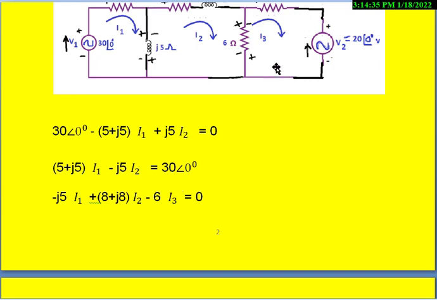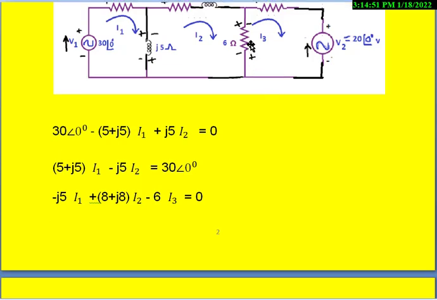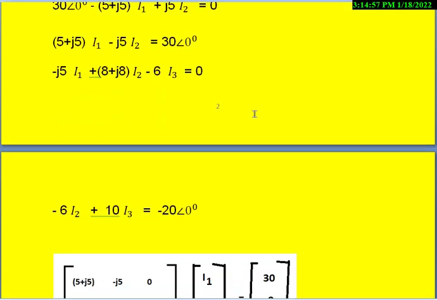Next, coming to the third loop, when you look at this branch, there is a current I2 flowing in this, and I3 is also flowing, but I2 is flowing against the I3. So the voltage drop across the 6 ohms will have the opposite sign, the I2.